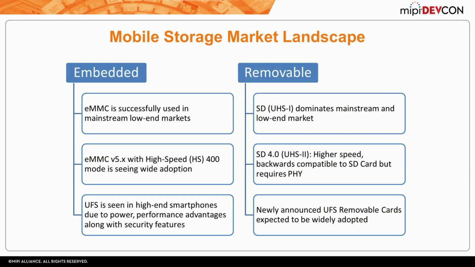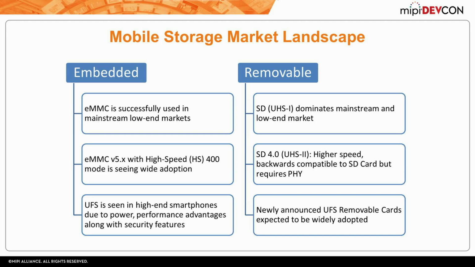The mobile storage market landscape is divided into two main segments, the embedded and removable. The embedded is like the disk of your mobile, and removable is the removable cards of your mobile. In the embedded market, eMMC has dominated, especially in the mainstream and low-end market. eMMC is still being adopted, especially due to improvements in the latest spec.